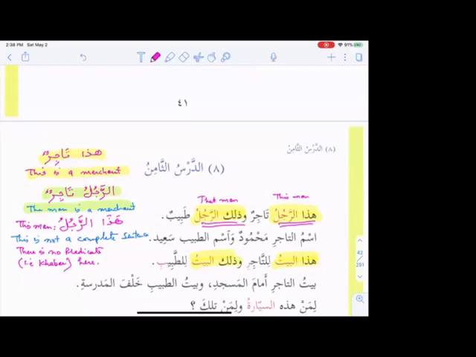Each lesson will teach us one particular rule of the grammar. So each lesson is like a brick. As we finish lessons, we add brick upon brick upon brick to build our house of Arabic.